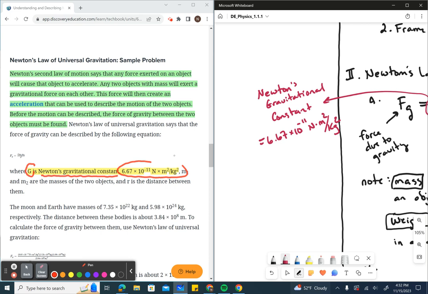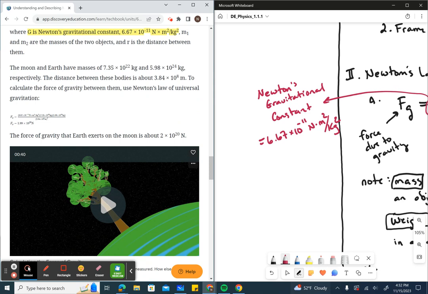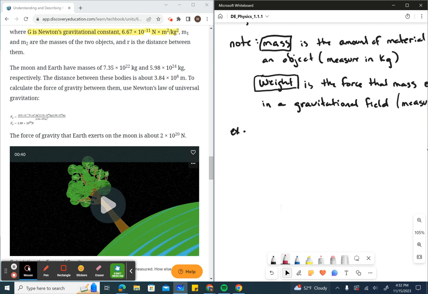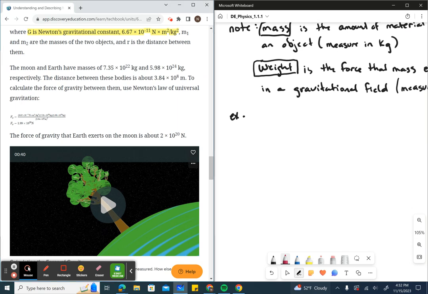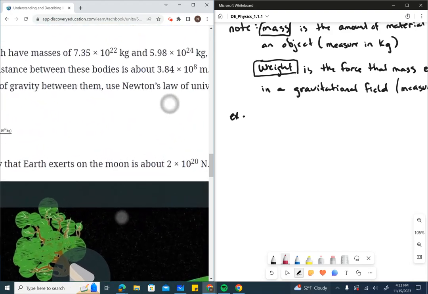All right. And now let's go to an example problem here. Okay, clear my screen and move this up just a bit, and let's expand this.